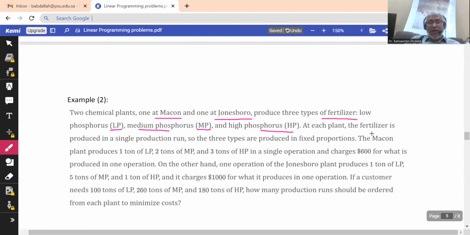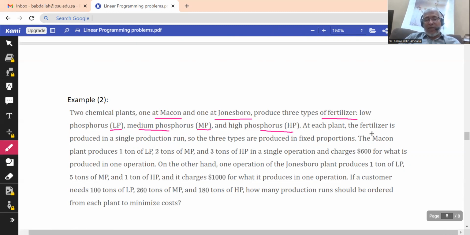So we have 2 chemical plants, and each one of them produces 3 types of fertilizers. At each plant, the fertilizer is produced in a single production run.